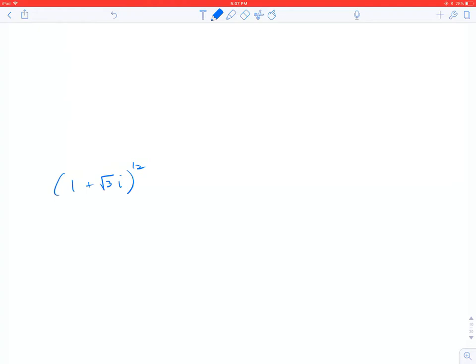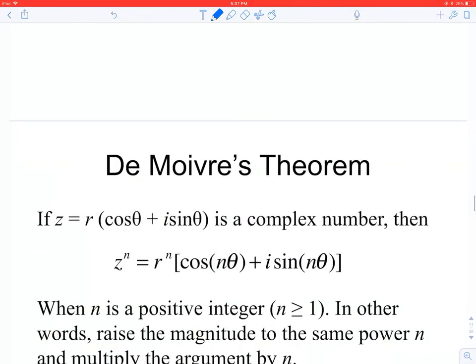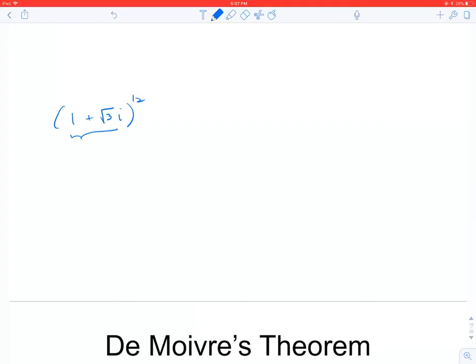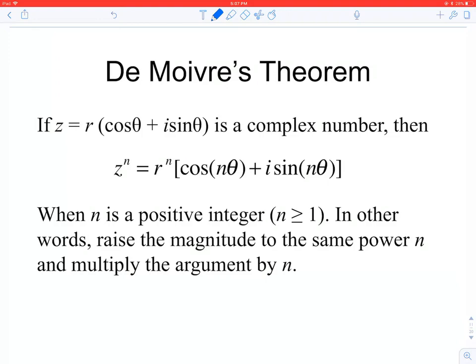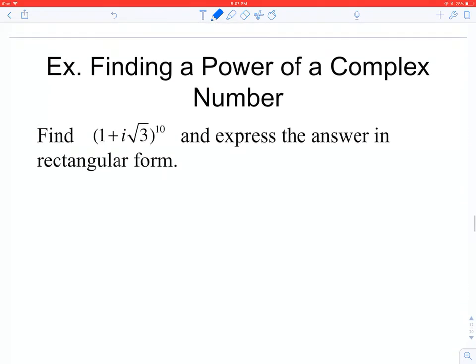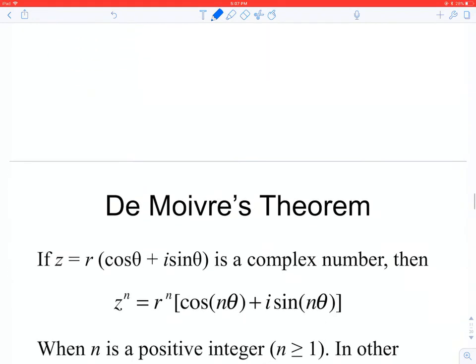You would have to multiply out 1 plus root 3 i times itself 12 times using the distributive property, and it would be kind of ridiculous. But with de Moivre's theorem, if you rewrite the complex number in polar form, you can just apply this theorem and easily find 1 plus root 3 i raised to the 12th power. You can always simplify then to get the complex number back into rectangular form if necessary.